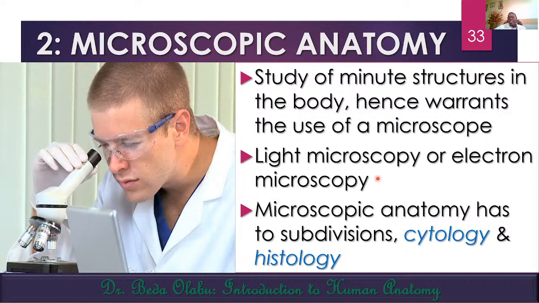You can still study cells using light microscopy, but the best one that helps to study cells appropriately is the electron microscope. Then histology is the study of tissues. The best microscope that helps to study tissues is the light microscopy, in as much as again you can still use electron microscopy to study tissues.